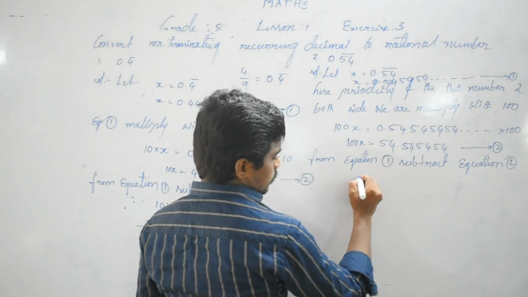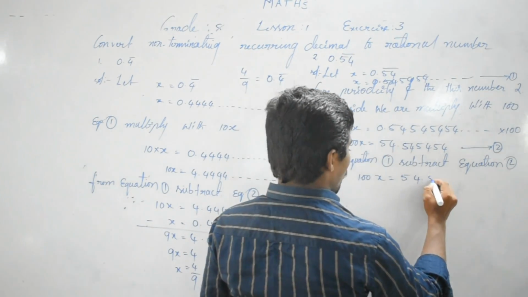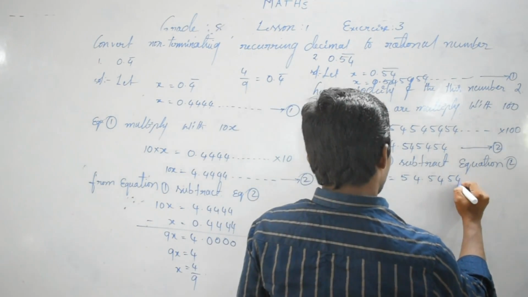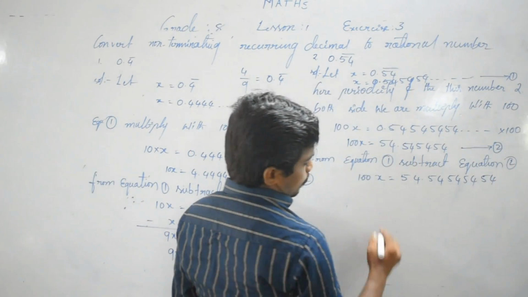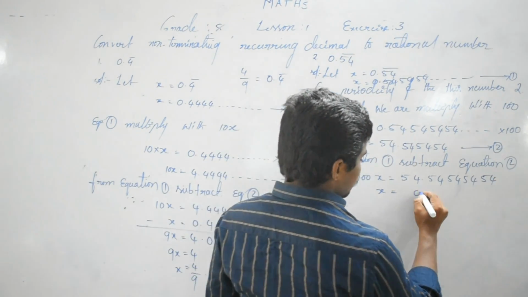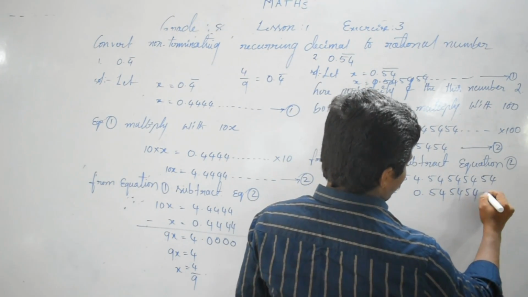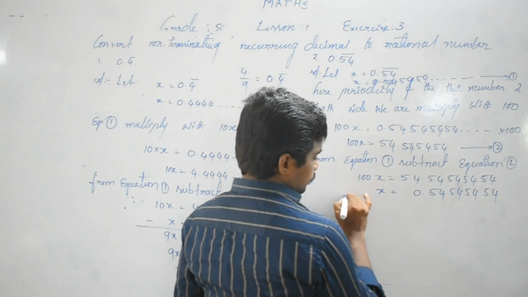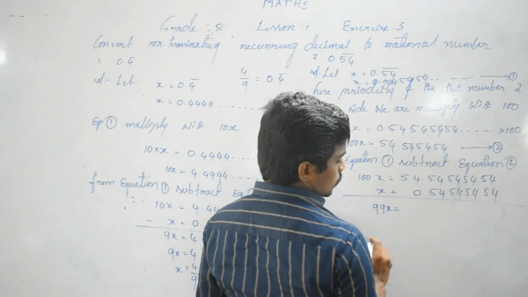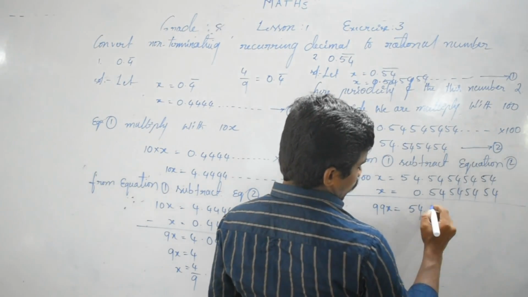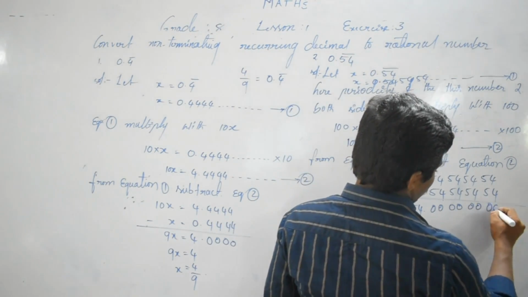So here equation 2, 100x equals 54.545454, and x equals 0.545455. 99x equals 54.000000.